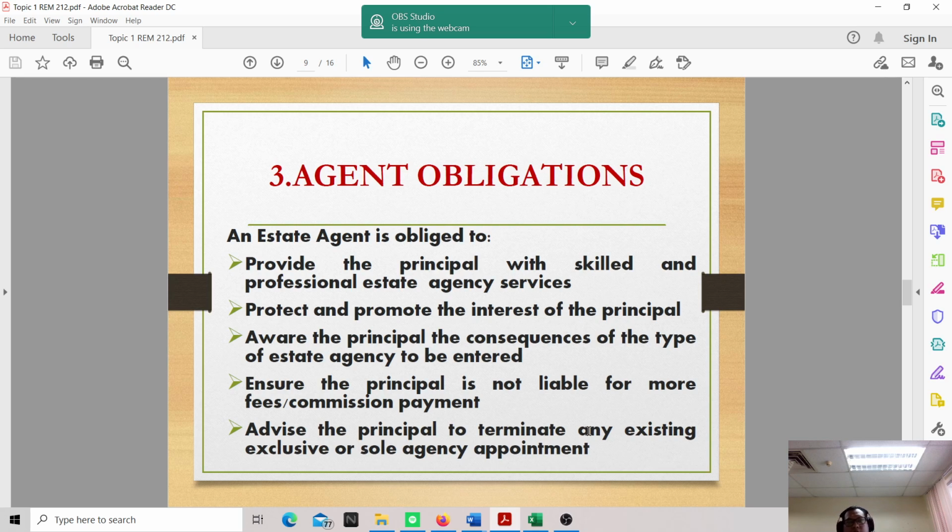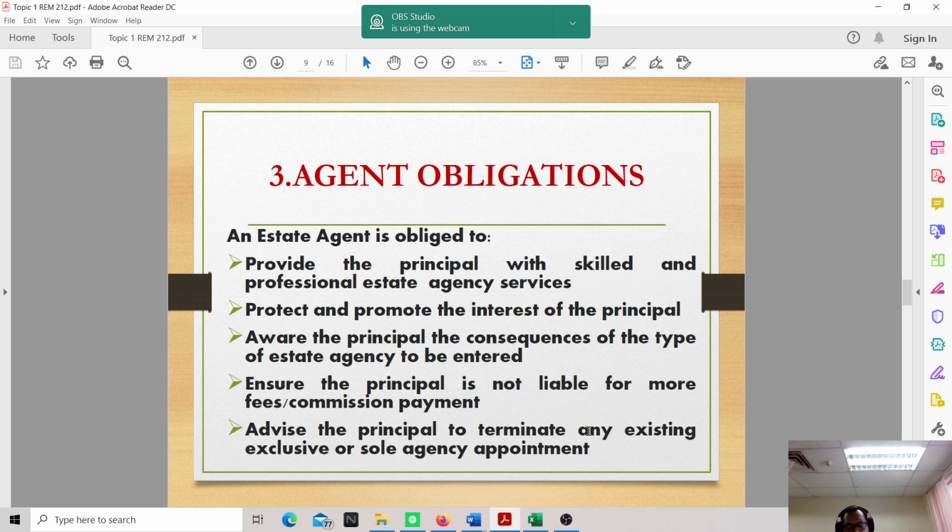So we have several types of estate agency agreements. Okay. Ensure the principal is not liable for more fees or commission payment. So let's say you quote your services at 3%, then the principal must only pay 3%.